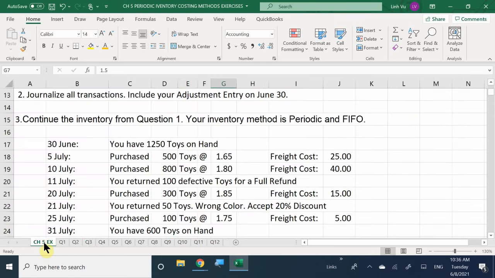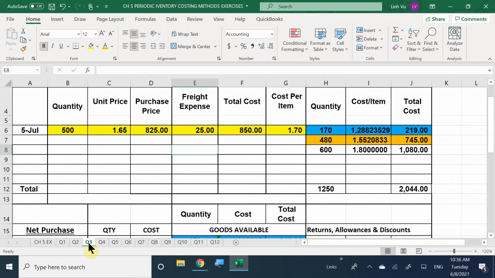So let's look at our scenario one more time. What happened on July 10? $840 to $1.80, the cost of 40. Okay, so 800 at $1.80 with 40. So we know that the batch we just purchased for 500 had no changes made to it, right?